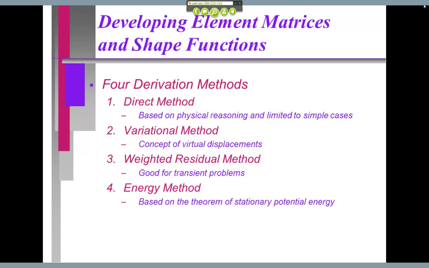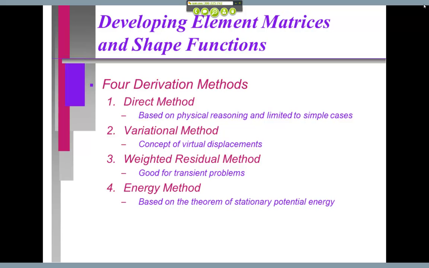In the 501 class here at BYU, they really don't talk about the mathematics behind those. In the 506, they will spend a significant amount of time developing the mathematics for the variational, the mathematics for the weighted residual, and the mathematics for the energy method. In the book, I think the author does a reasonable job of describing the differences of these methods and their approaches.